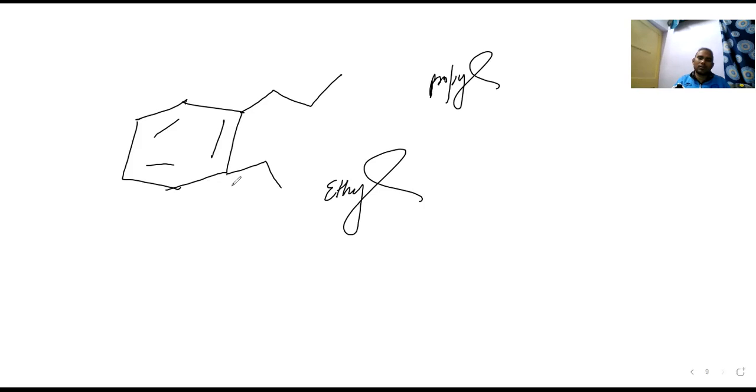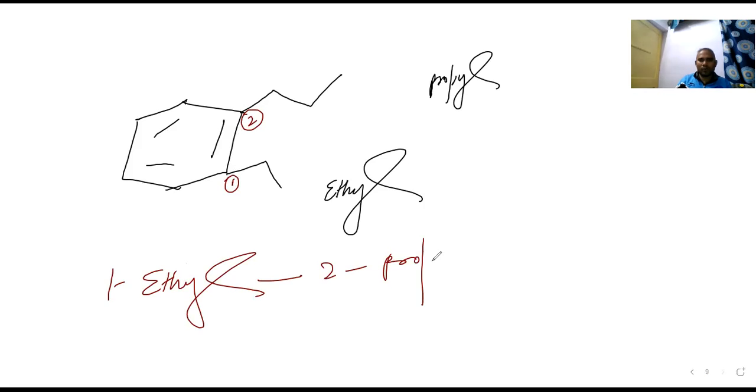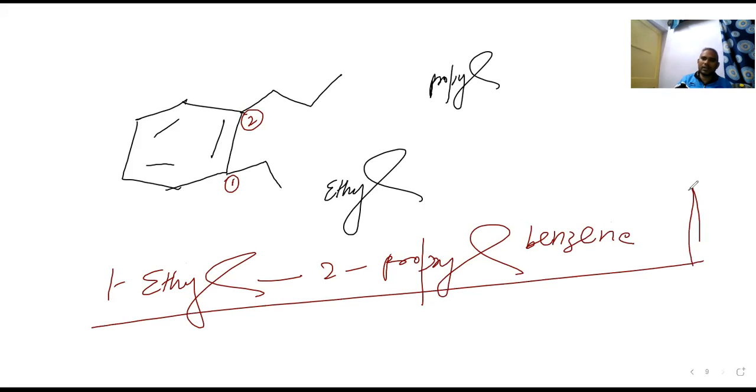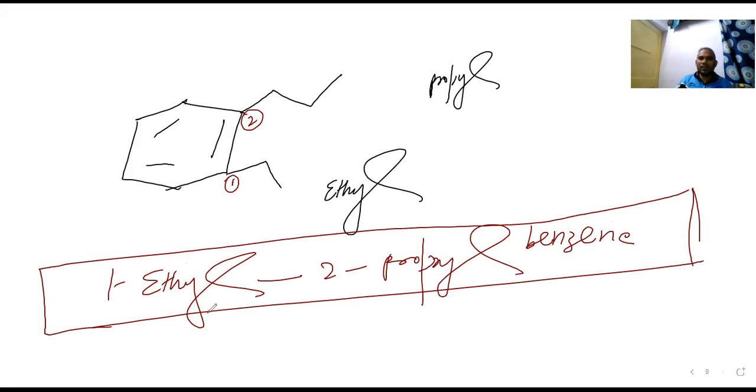Sir, first it should be ethyl because it is alphabetically first. So 1 is ethyl, 2 is propyl, benzene. 1-ethyl-2-propylbenzene. This is the name of the compound. Is it okay? Yes, sir.